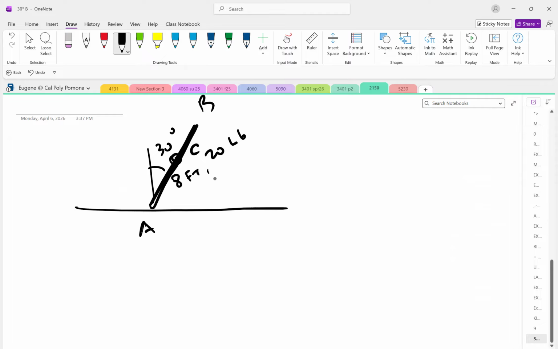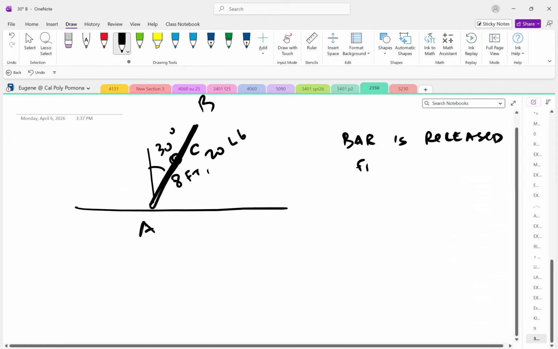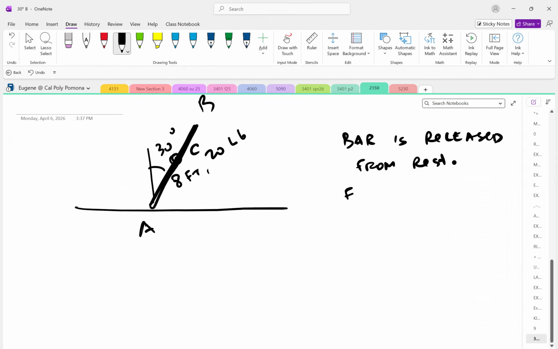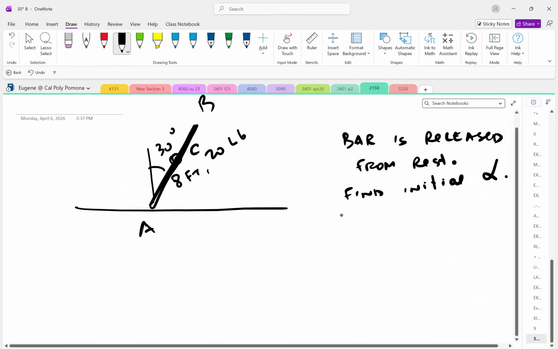Determine the initial angular acceleration. No friction.